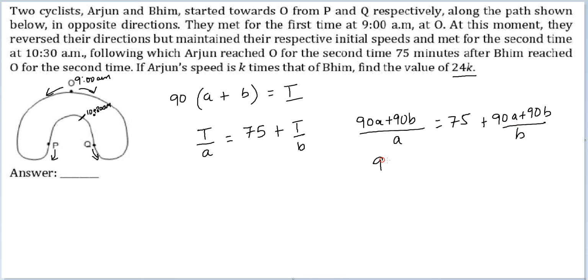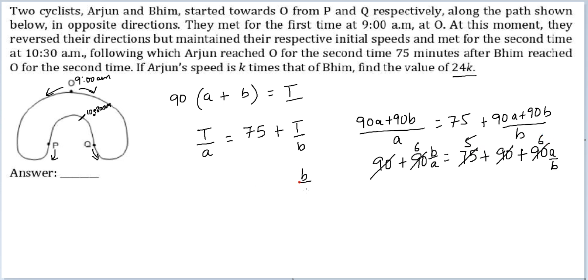So this will translate to 90 + 90 times b/a = 75 + 90 + 90 times a/b. Okay, this 90 and this 90 get cancelled. Even within these, this will become 6, this will become 5, this will become 6.